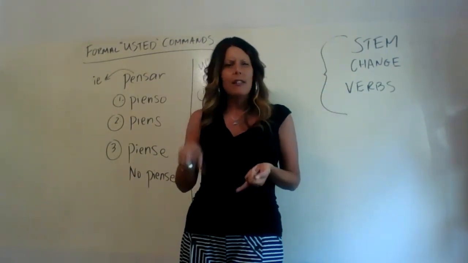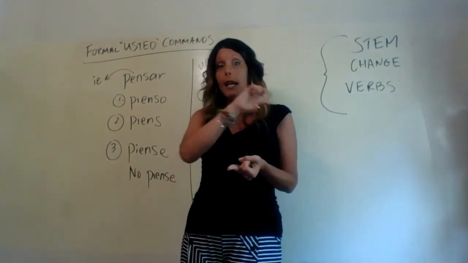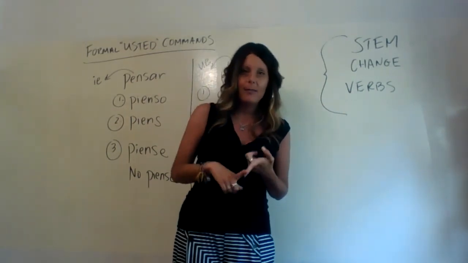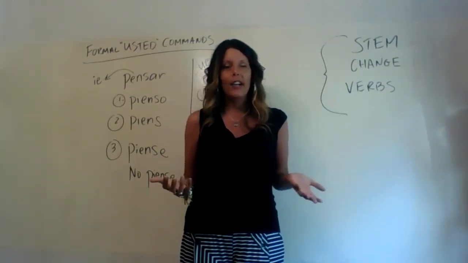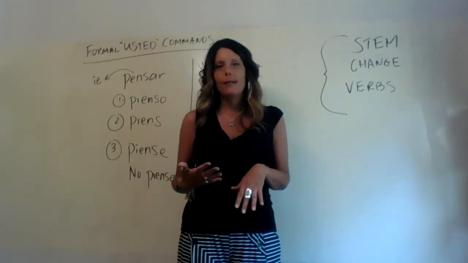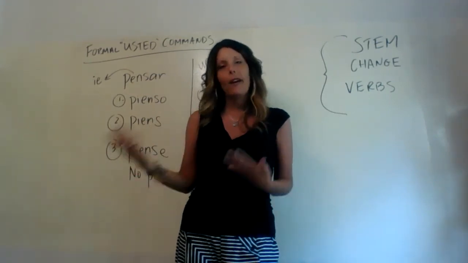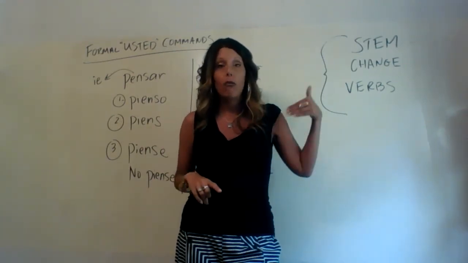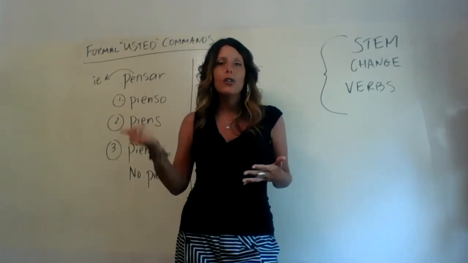Spell change verbs, just as a little FYI, we have regular verbs, we have stem change verbs, we have spell change verbs, we have car-gar-zar verbs. None of those are considered to be irregular because they fit into a category. And then we also have irregular verbs that are just crazy and don't follow any pattern. And that will be coming up also in another video. I just didn't want anybody to make the mistake, since we've just seen regular verbs, of all of a sudden saying, oh, hey, these are irregular.